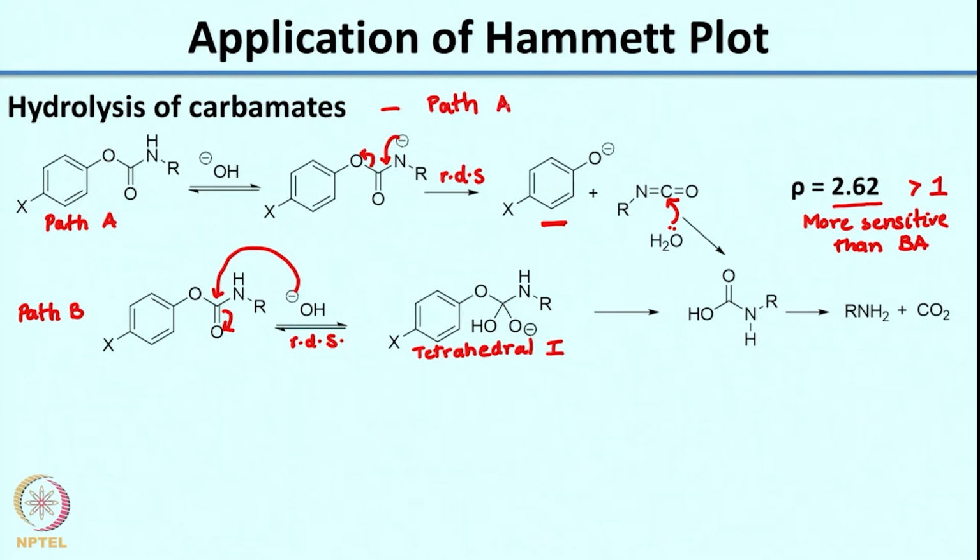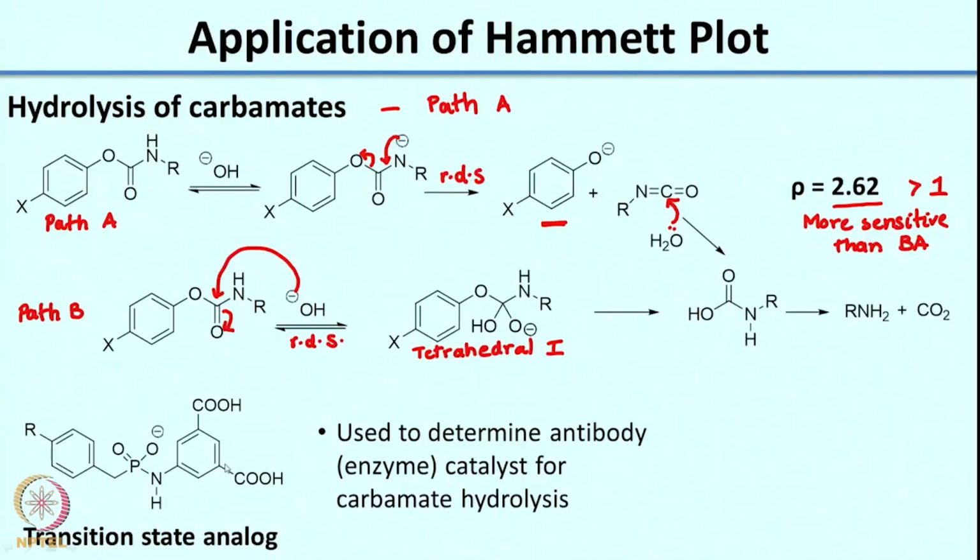Now, is there a way in which we can force the hydrolysis to go through path B? Now, this might seem very confusing at first when I tell you, can we actually design a catalyst such that the catalyst will allow the reaction to go only by path B, or in other words it would stabilize the transition state for path B more than path A. Is this possible?